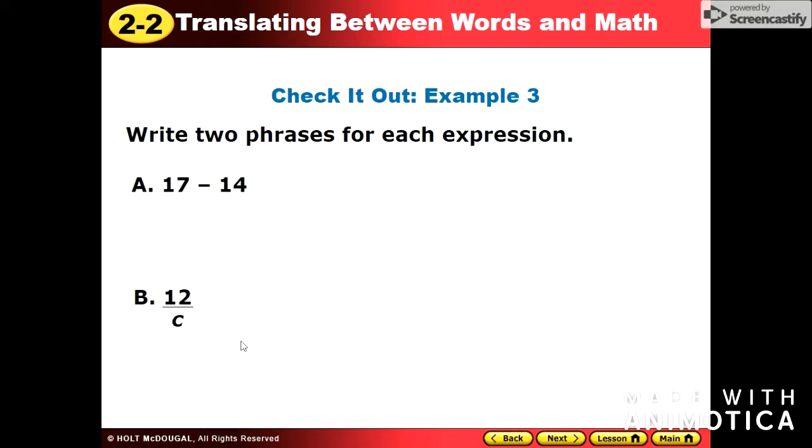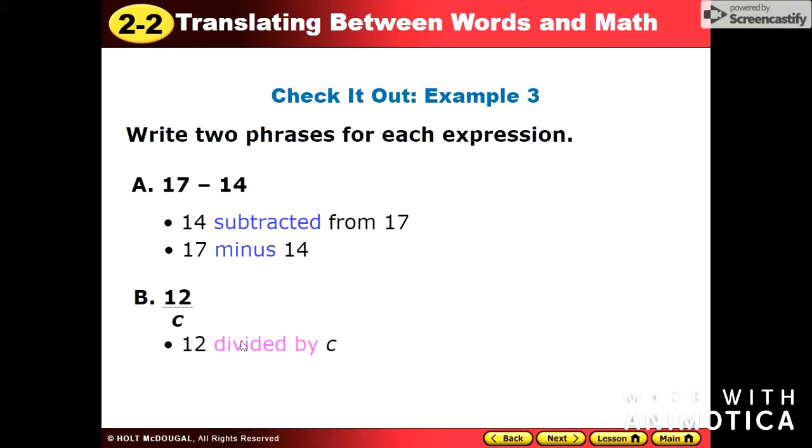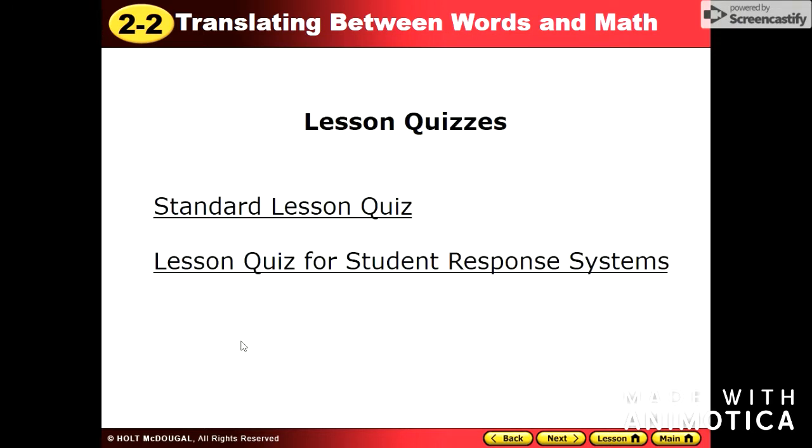Okay. I don't think you have this one on your sheet, but again, good practice. So we got 14 subtracted from 17, or 17 minus 14. And the last one, you can say 12 divided by C, or the quotient of 12 and C.